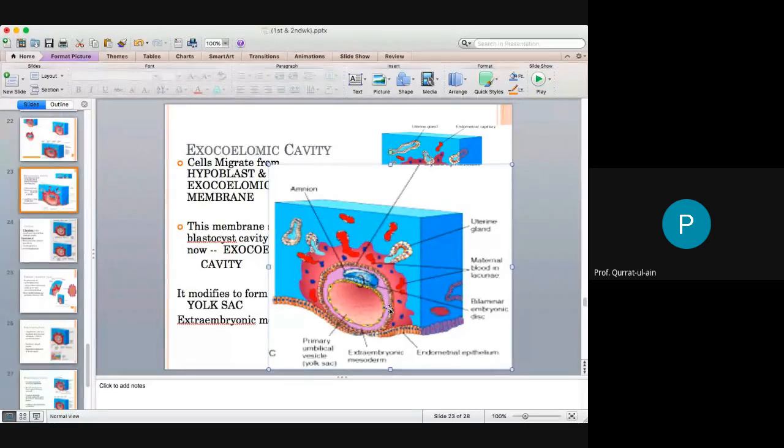There will be small cavities within this purple zone, and they will join up to form a large cavity like this, which will cut this purple zone into two layers, an outer layer and an inner layer. The inner layer is the inner part of the extraembryonic mesoderm, and the outer layer is the outer part of the extraembryonic mesoderm, and in between there will be a space, and that space is the future chorionic cavity.